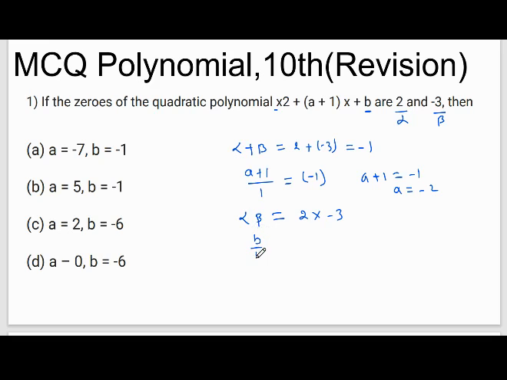That will be b by 1 is equal to minus 6. So we can write b is equal to minus 6. A is equal to minus 2 and b is equal to minus 6. Our C option will be correct.